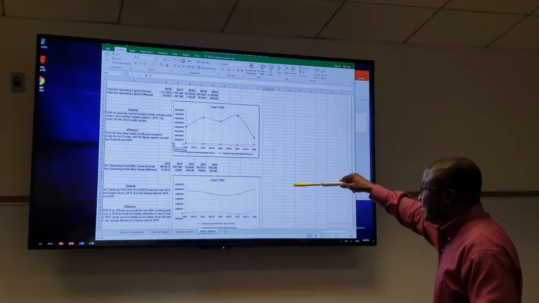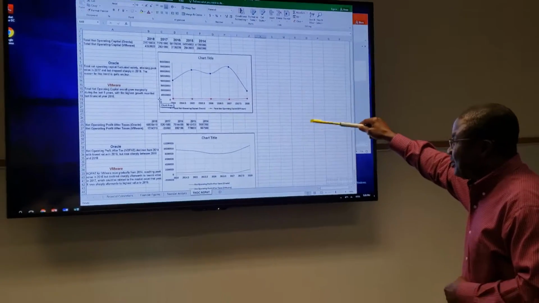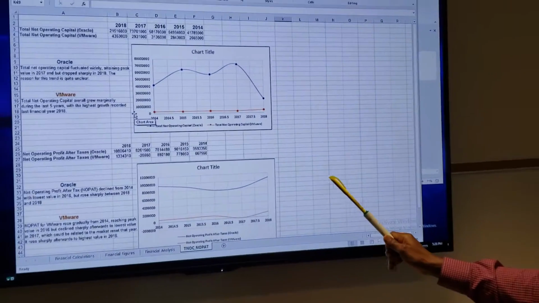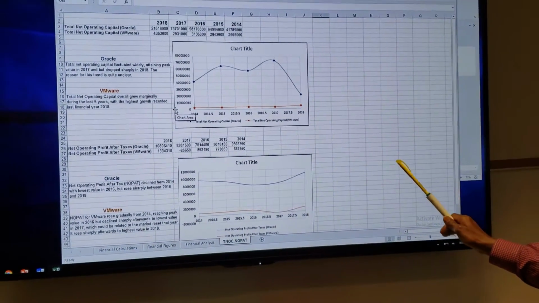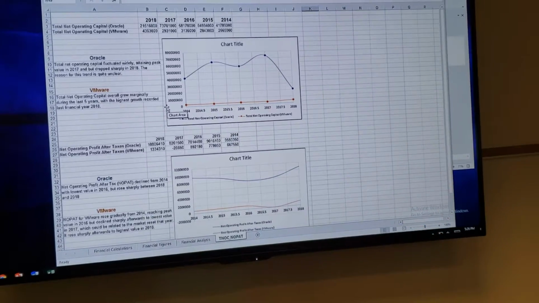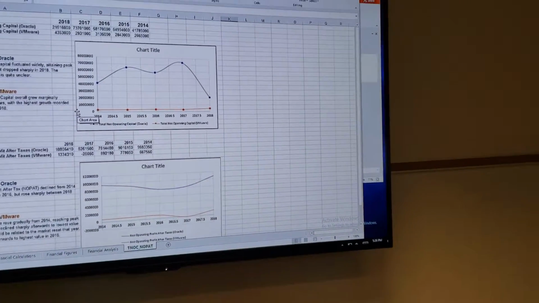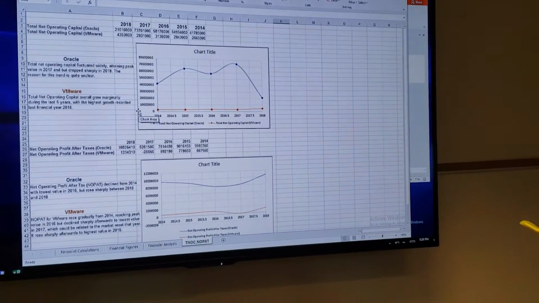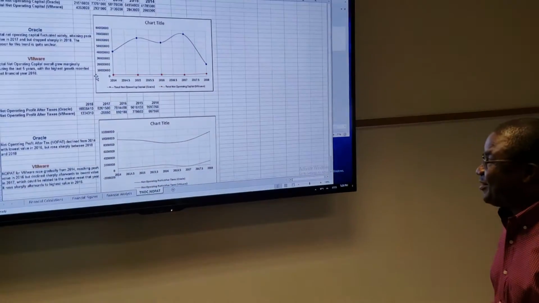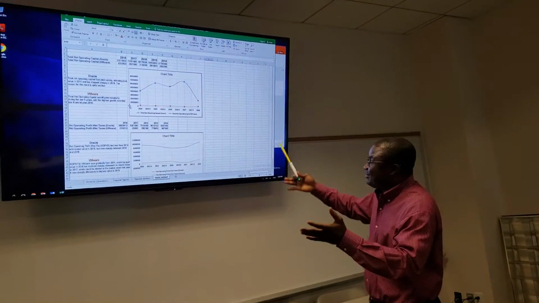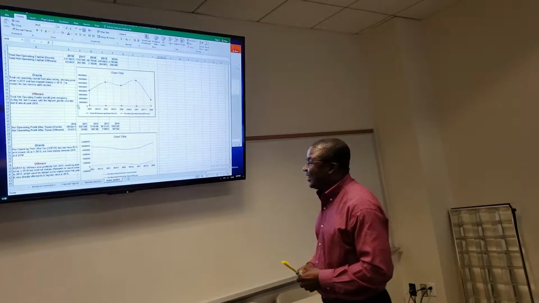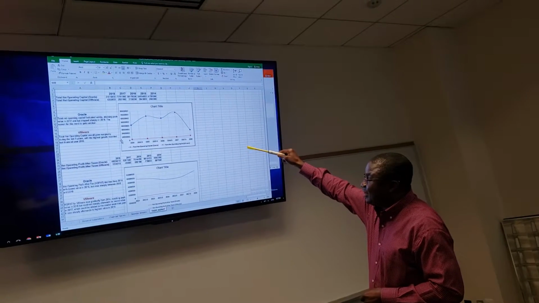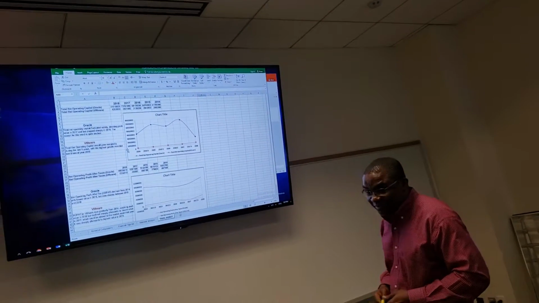There was wide variation in the total net operating capital for Oracle, but for VMware, there's a consistent, marginal increase from 2014 to 2018. Why the Oracle graph is this way, to be honest, I don't understand. It doesn't look reasonable to me. Probably somehow I used the wrong figure for that, or I don't know. But this is what I get. So you can see graphically how the main target company, Oracle, compares with the competitor.